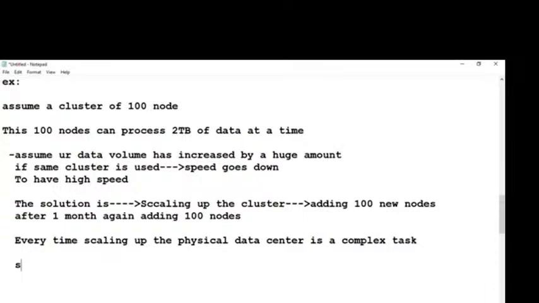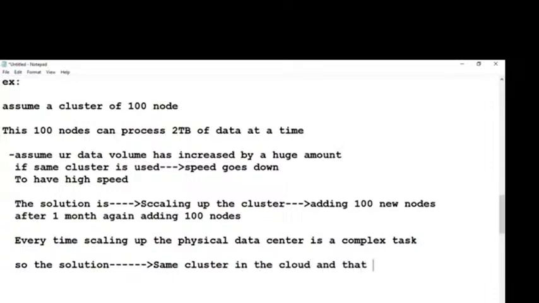So the solution: the same cluster in the cloud, and that too with an auto scaling feature, right?